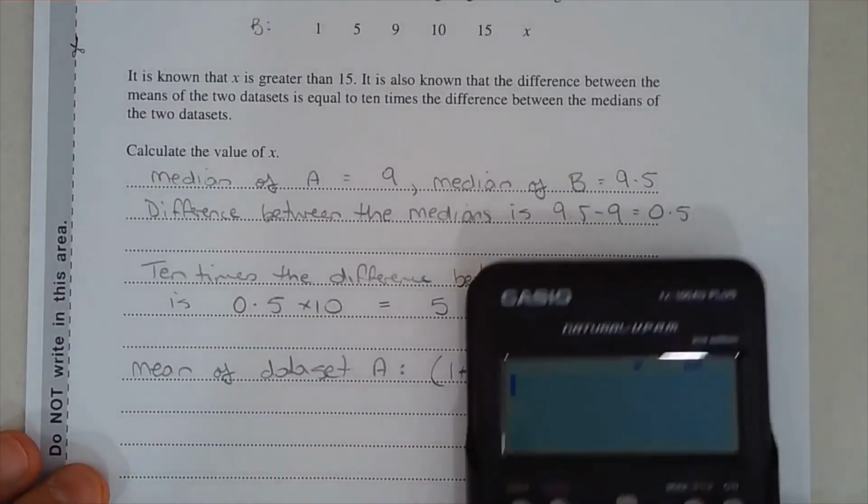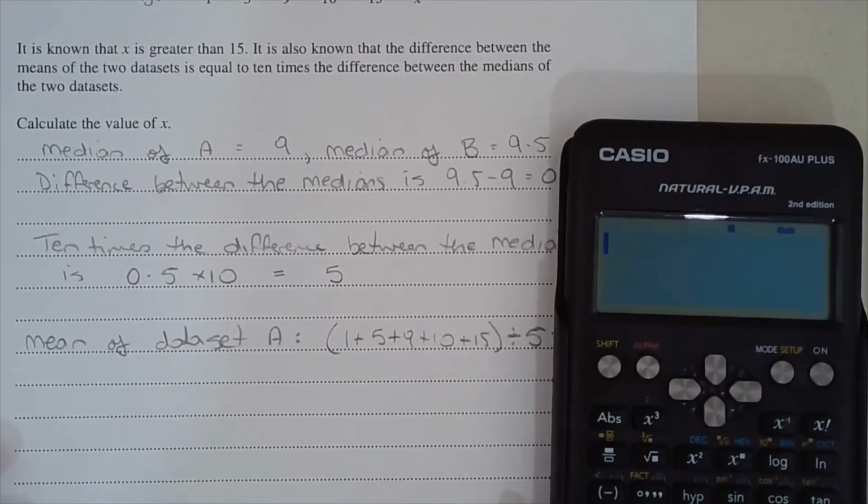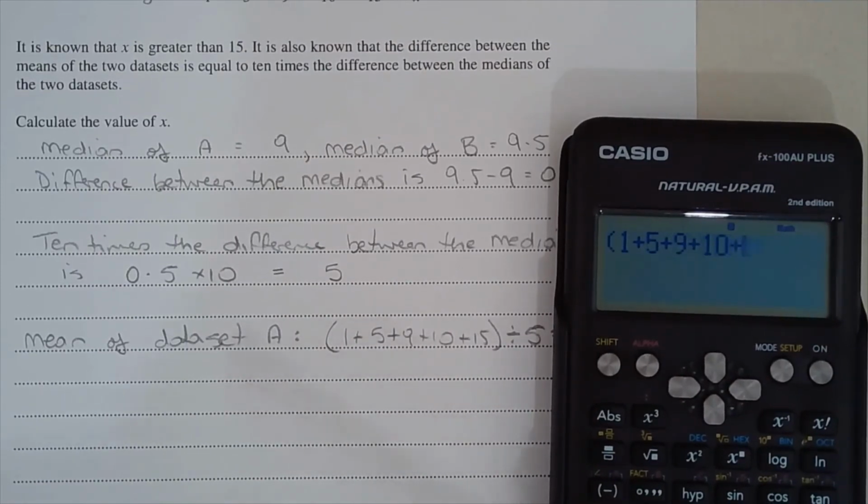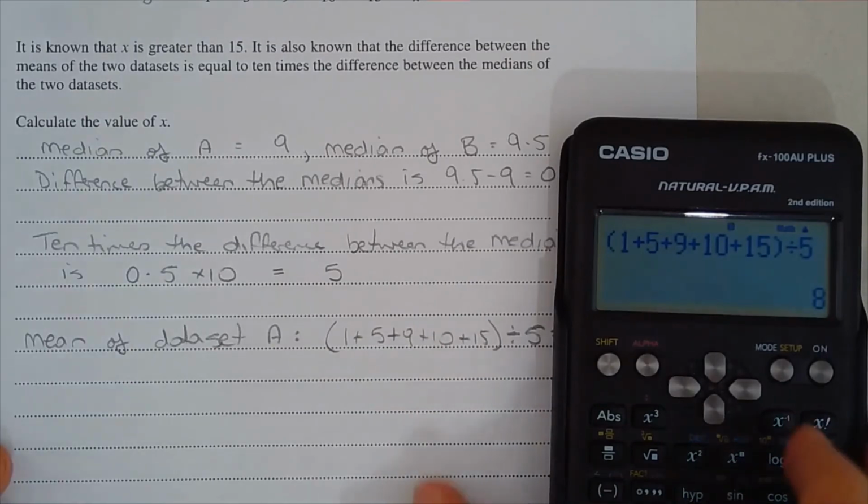I'm not going to use the stat mode on the calculator. I think it's quicker to just add them up manually and divide by 5, and we get 8.